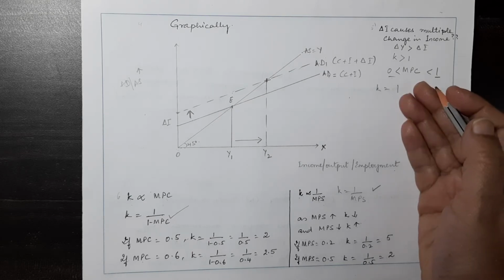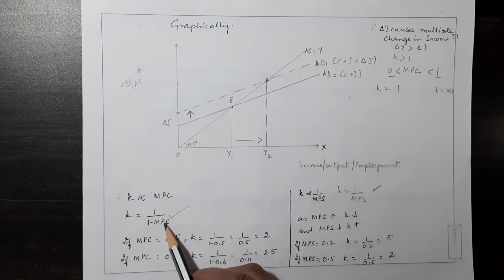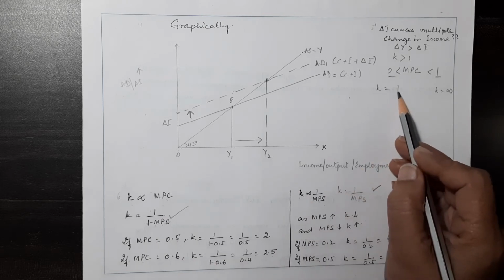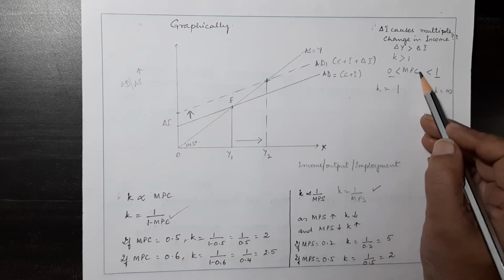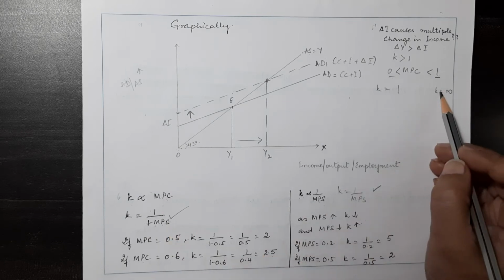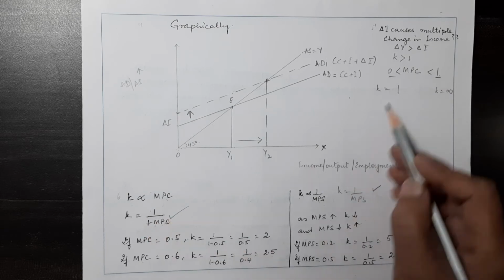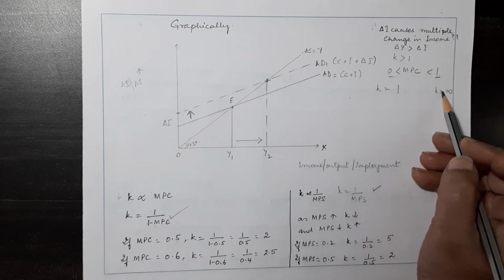We just put in these values in this formula. 1 by 1 minus 0 is 1 by 1, so K will be equal to 1. And if MPC is equal to 1, the denominator becomes 0, and therefore K's value is infinity. So just put in these values in this formula to get the values of K.